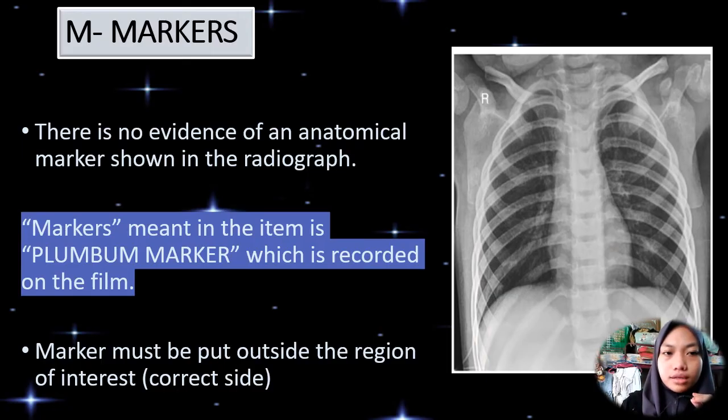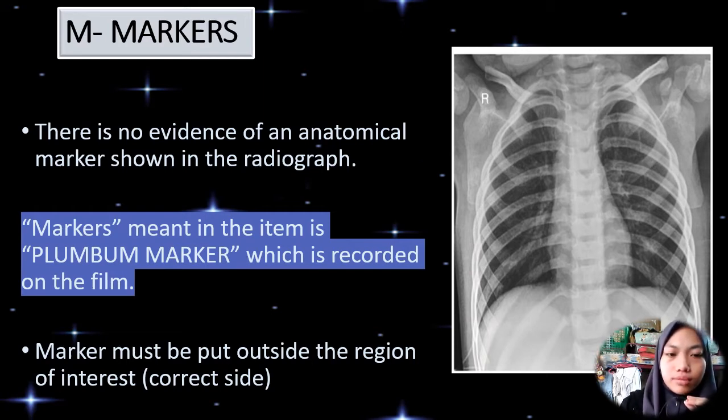M for markers, we can see there is no markers at this radiograph because this is not the lead marker, so there is no evidence of an anatomical marker shown in the radiograph.